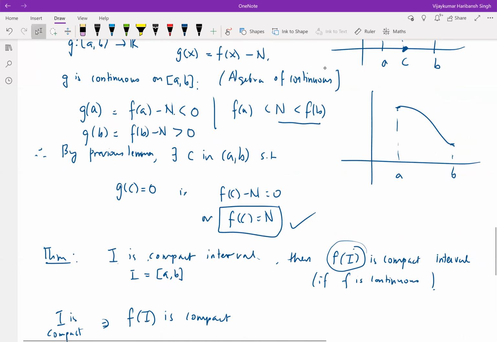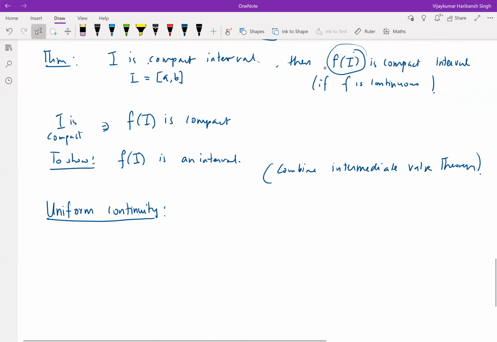So we want a slightly better notion of continuity, of course we can't call it continuity, such that bounded sets go to bounded sets. For that, we have the following definition. Let f be a function from D to R.